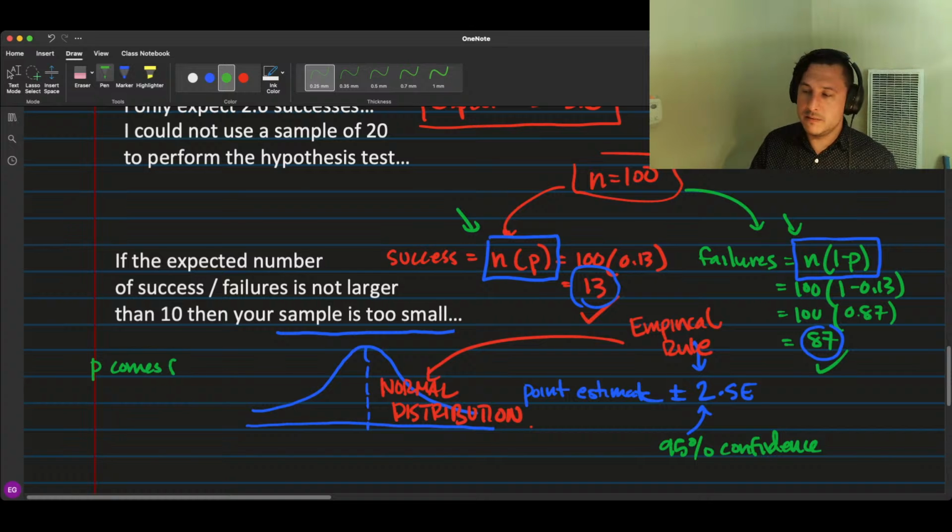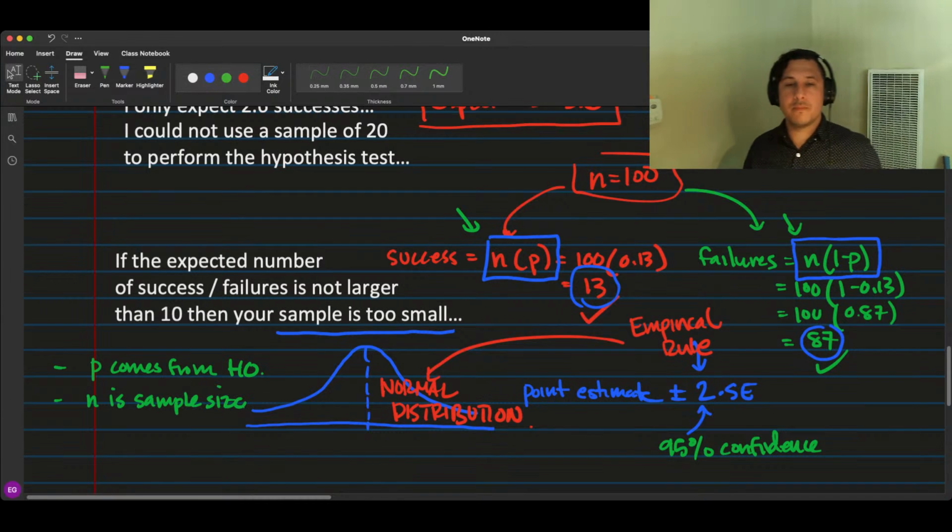P comes from your null hypothesis, and then the n is the sample size. Or you could use p hat from your sample if you're doing a confidence interval. Either way, the p is going to come from your sample or your null hypothesis.